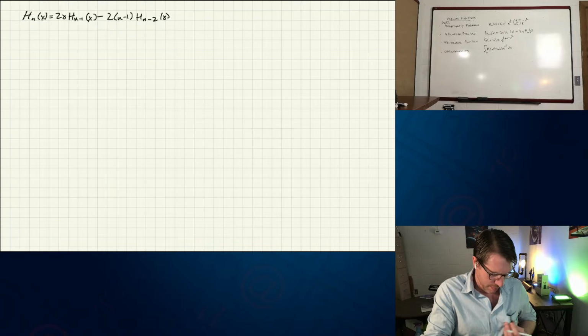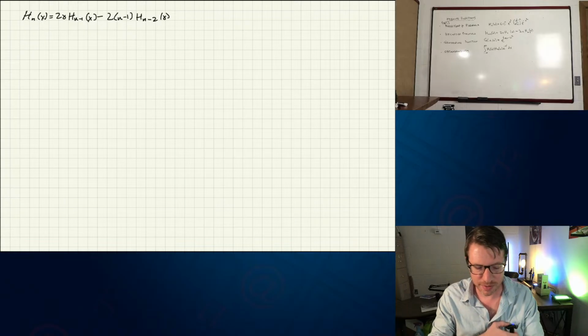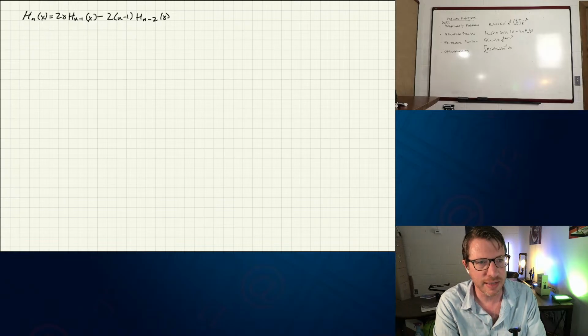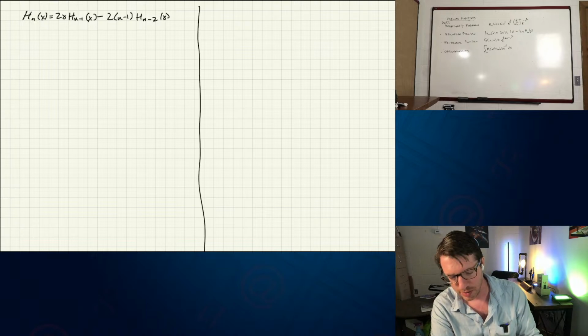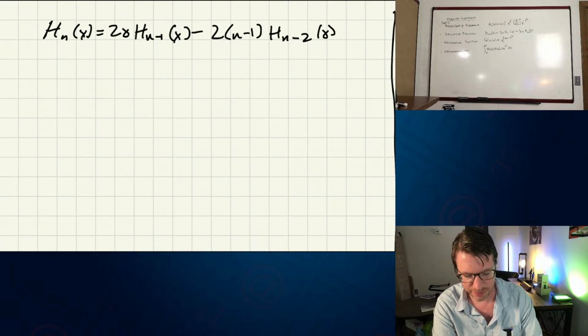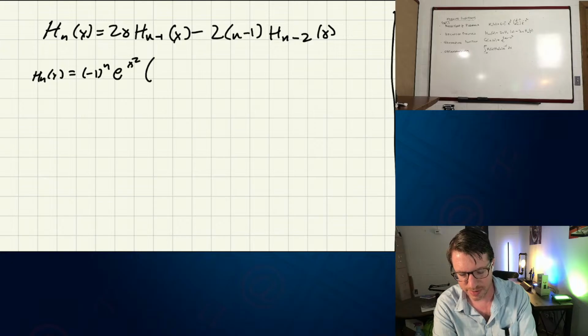Okay, in one case, we have our usual sort of differentiation that we can do. So what we can start with, using this Rodrigues definition, is that H_n(x) is given as (-1)^n e^{x^2} times d^n/dx^n of e^{-x^2}, right?